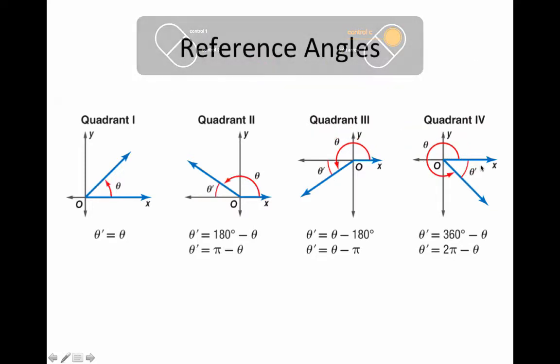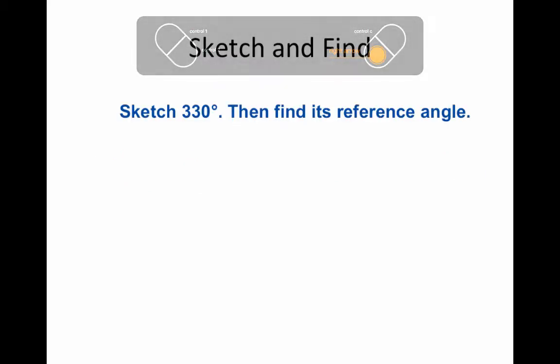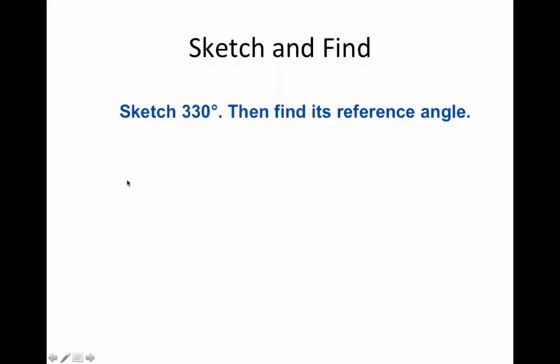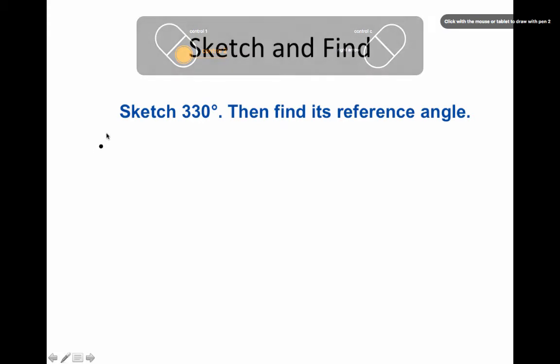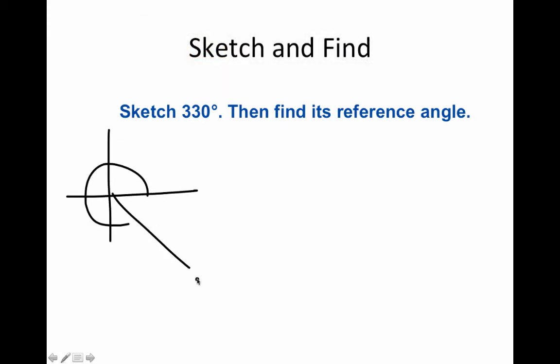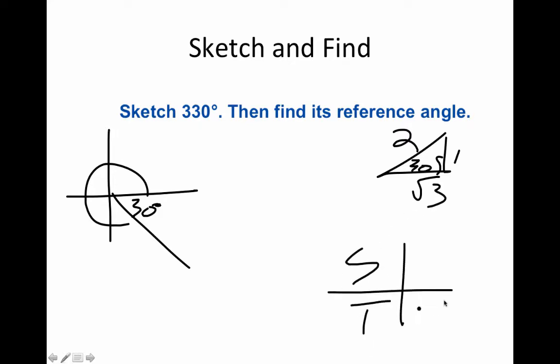And that's what you're going to use in order to solve for some exact values. Sketch the angle, find its reference. So I'm going to sketch 330, but my reference angle is 30. And that's going to be key, because the next thing we're going to do is we're going to go 30, 60, 90. 1, 2, square root 3. And we're going to go STC. And we're going to say, I'm in quadrant 4.